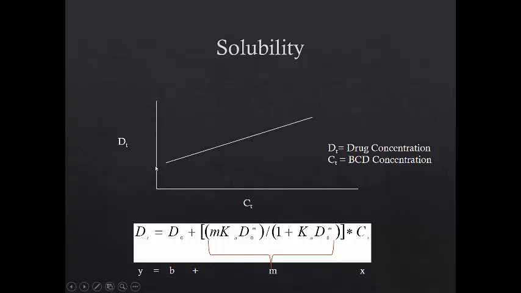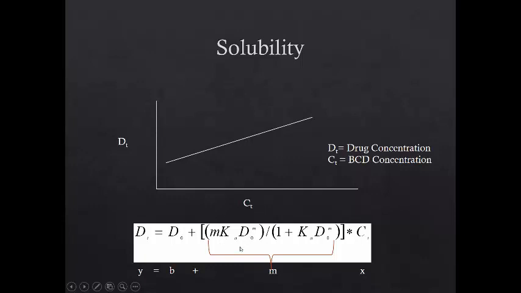This is our innate solubility, the maximum concentration you can get into solution before you start adding beta-cyclodextrin. So that's D sub 0, times this big relationship, which I'm not going to get into, but you can see it includes our innate solubility and our Ka, which is an affinity constant.